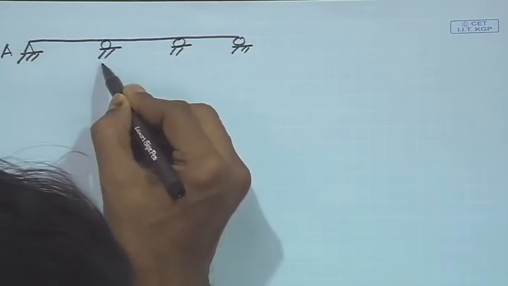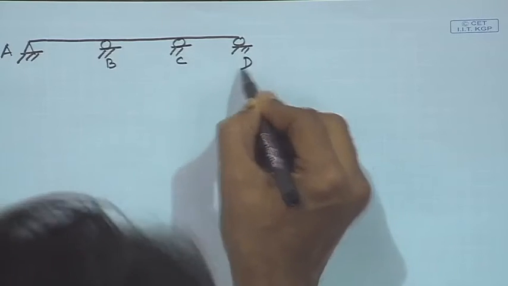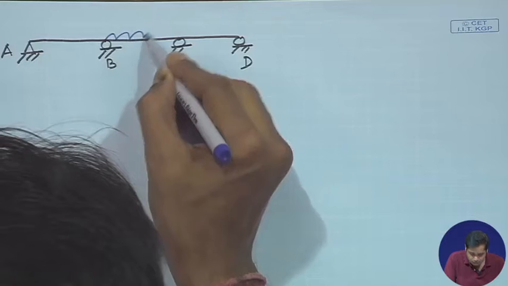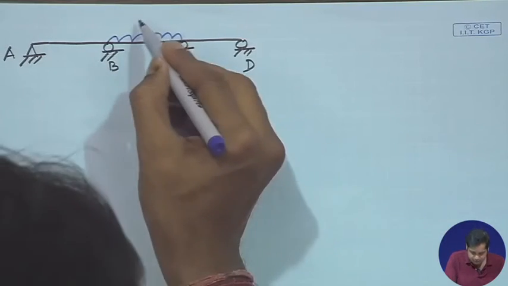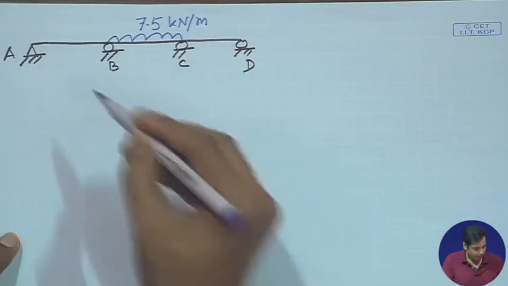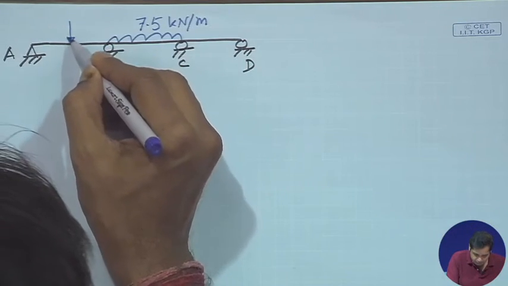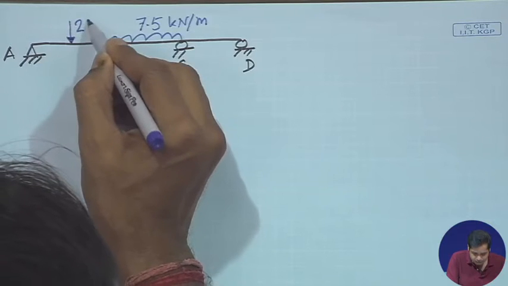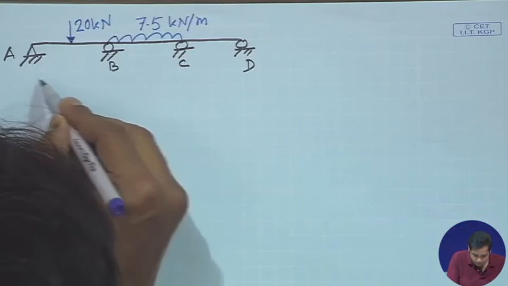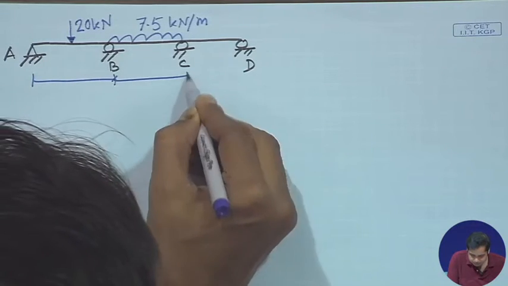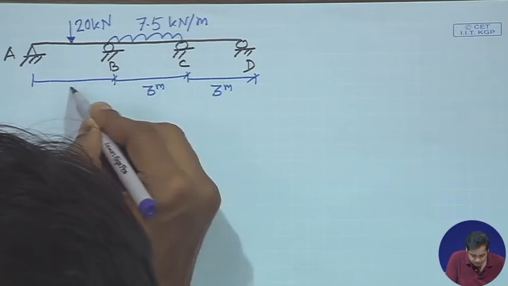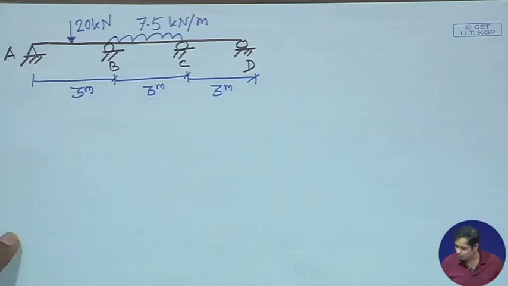This is A, this is B, C and D, and this is subjected to a uniformly distributed load on span BC, which is 7.5 kilonewton per meter, and then at midspan of AB there is a concentrated load of 20 kilonewton. These are all 3 meter, 3 meter, 3 meter. These are the midspan, 1.5 meter.